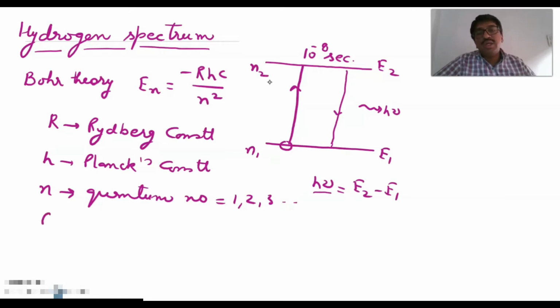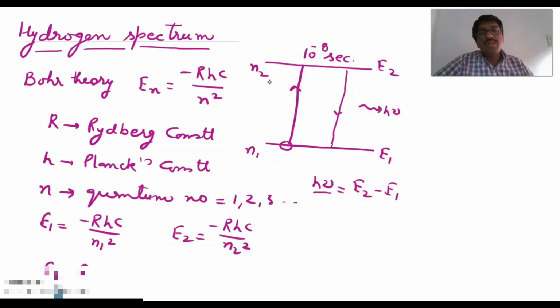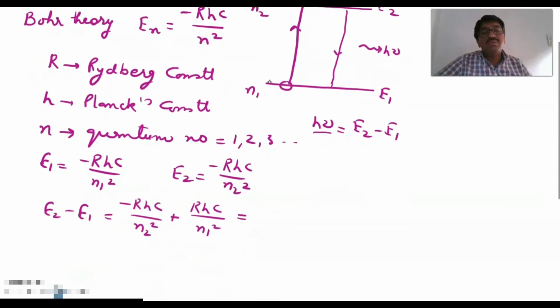We know that we can write E1 equal to minus RHC upon n1 square. This is Bohr's theory. And E2 should be minus RHC upon n2 square, and E2 minus E1 should be minus RHC upon n2 square minus minus RHC upon n1 square.